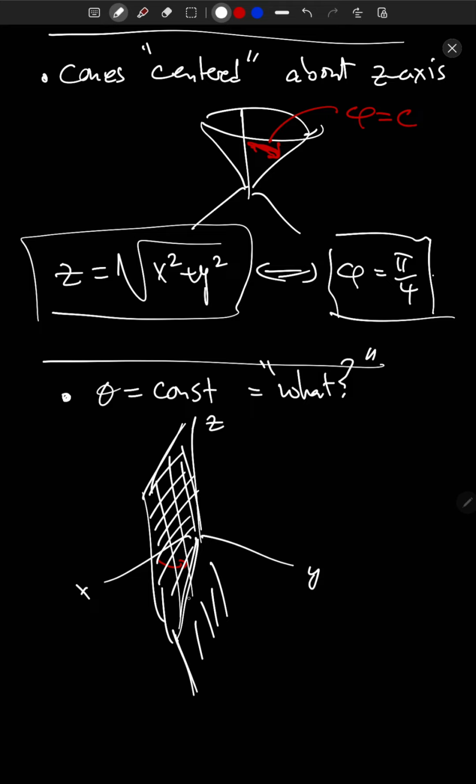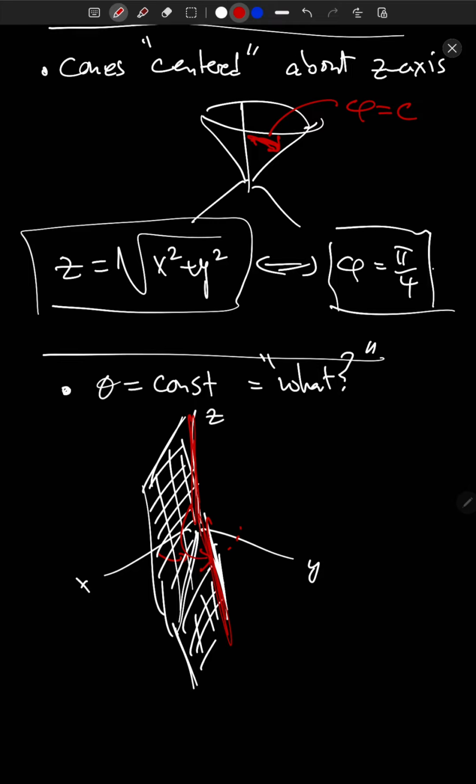Technically this planar region would only be on the front-facing side, not the back, because phi only goes from 0, which would be this angle, all the way down to that angle. So we're not getting anything in the back, the other side of the plane. So it's technically a half plane, I guess.